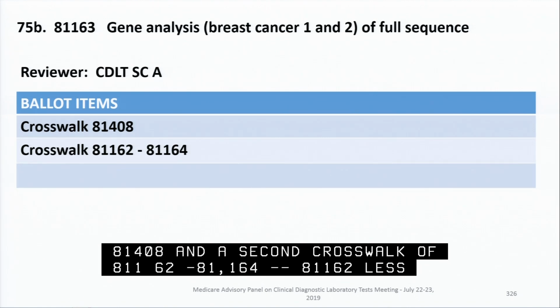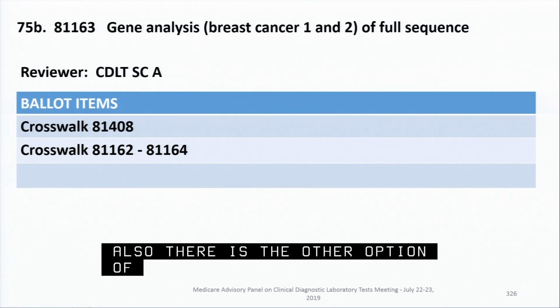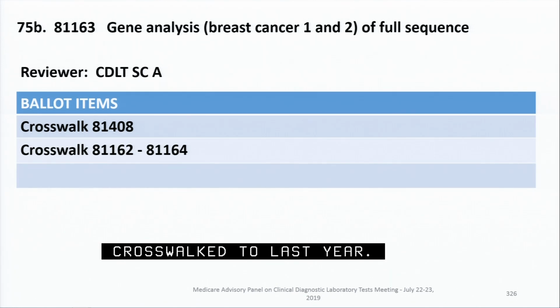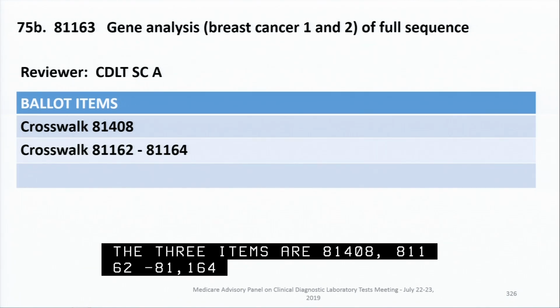Also, there is the other option of 81406, which was the crosswalk that it was crosswalked to last year. So your three items are 81408, 81162 minus 81164, and last year's crosswalk of 81406, or in essence, to maintain 81406. And then the gap fill is an option.